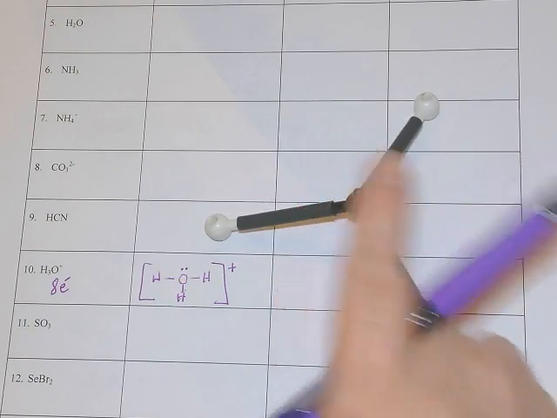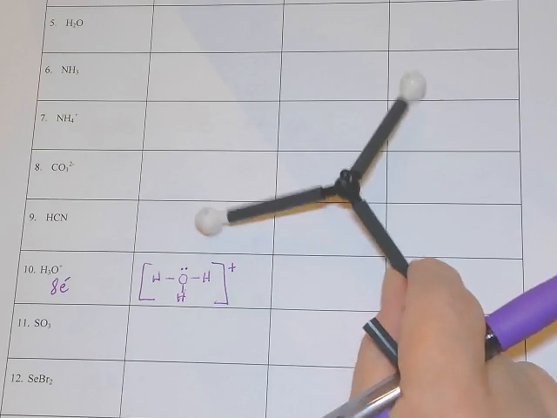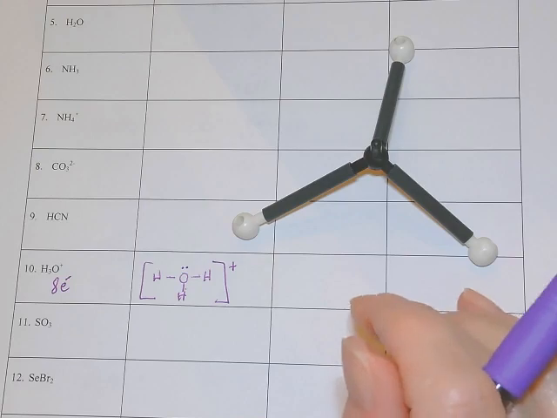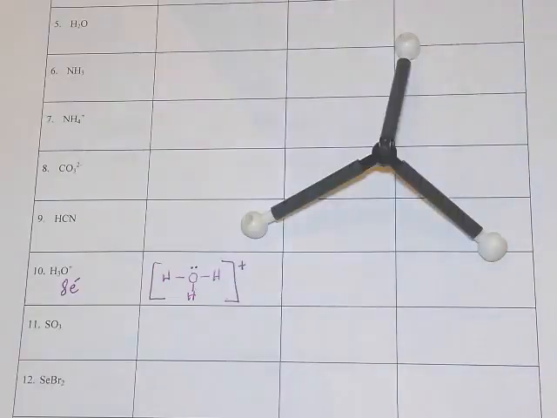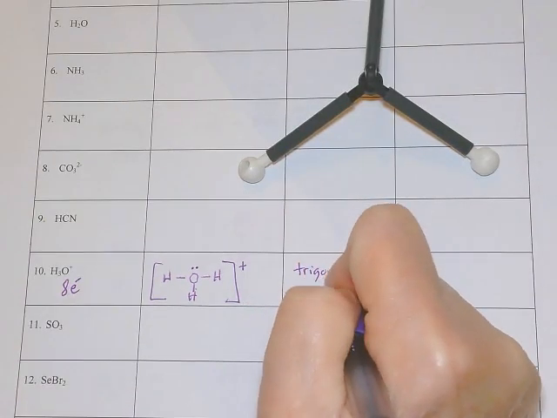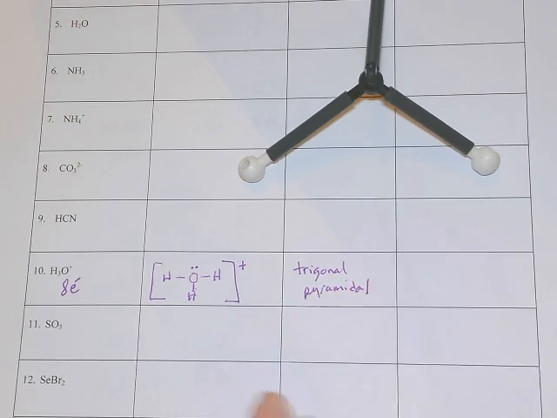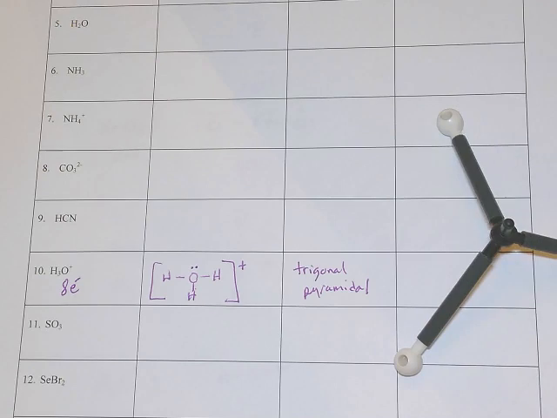In my kit, this little nub up here represents the lone pairs, and you can see that they set up just like a little triangle, and our sheet told us it was called trigonal pyramidal. So trigonal pyramidal is what we write. Trigonal pyramidal is the molecular geometry. And then I would build it and set it off to the side.